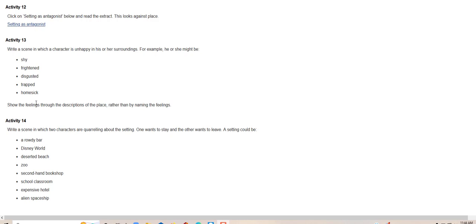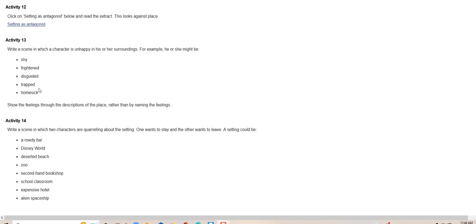And homesick. So you have a character in college, and she misses her parents. She misses her country. So let's say she's a foreign student from France, and she's in America to go to college, and she misses her mother's home-cooked French meals, because here in the dorm, all they serve are hot dogs, and they don't taste that good.